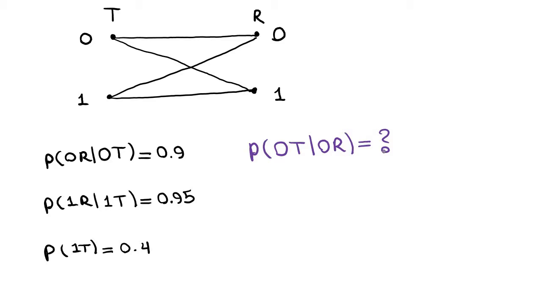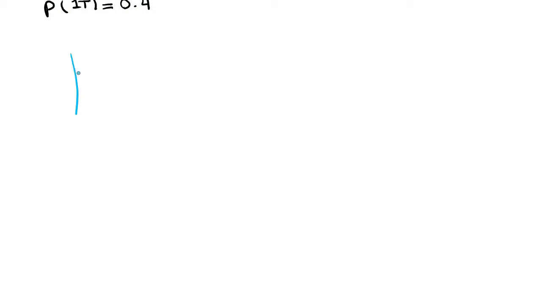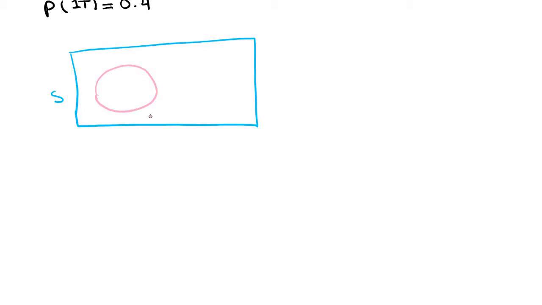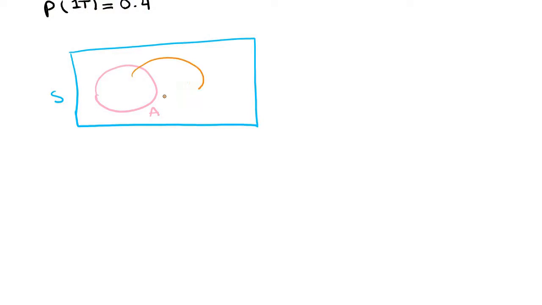To solve this problem, let's first start with some definitions. Consider I have a sample space like this, and I have two sets, set A and set B. Intersection of A and B we represent by this symbol, means elements inside A and B, which is this section.